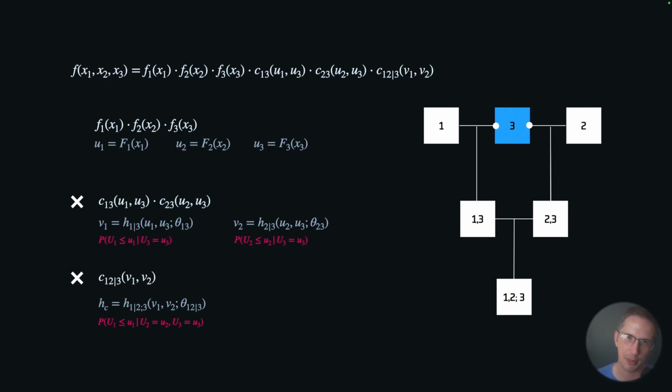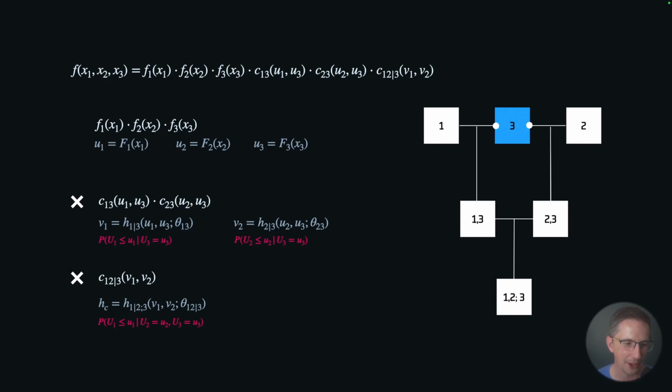That means we're taking the parameters for that function that we got from fitting our C1,3 copula. That's what the math is really saying there. And that gives us the probability of U1 being less than or equal to U1 given U3 is a certain value. And the same thing with V2, right? It's saying what is the probability of U2 being less than or equal to U2 given U3.